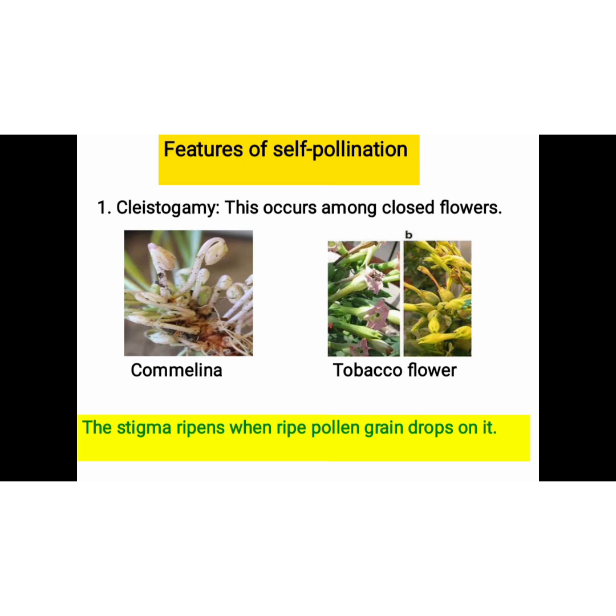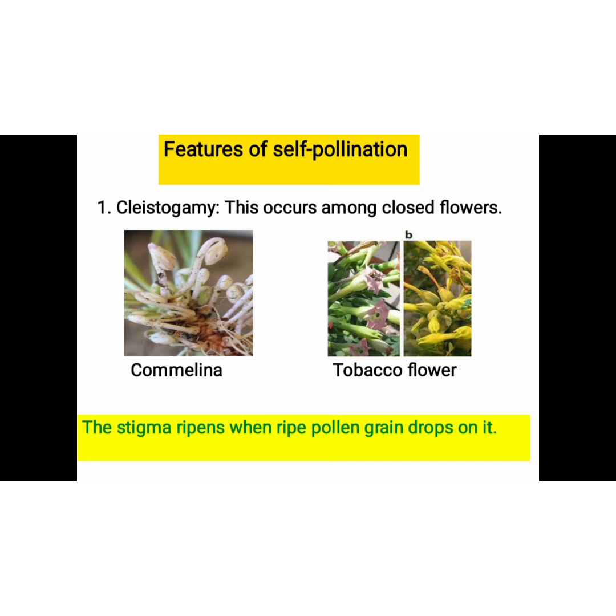These are flowers in which the reproductive organs are closed up. Some of the examples are the pictures you can see. Here we have Commelina, and we also have tobacco flower.